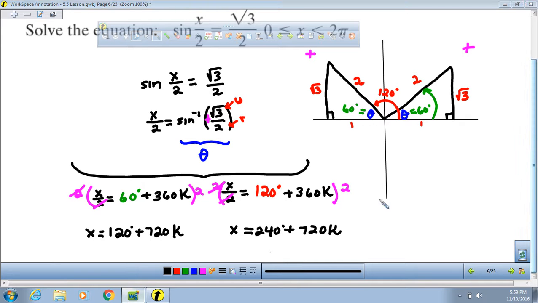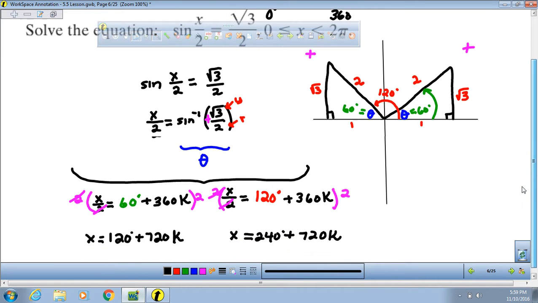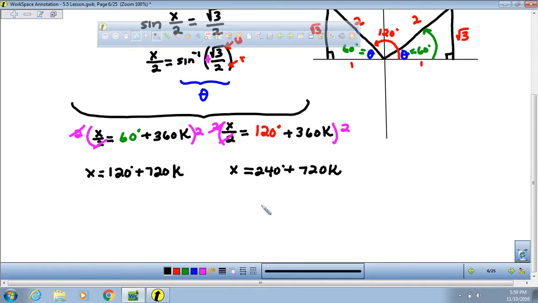Okay? Now, we need to find all the solutions between 0 degrees and 2 pi, which is 360 degrees only. Okay? Between 0 and 360. So what happens if you let k be equal to 0? We're going to always start with k equals 0. So it's going to be 120 plus 720 times 0.